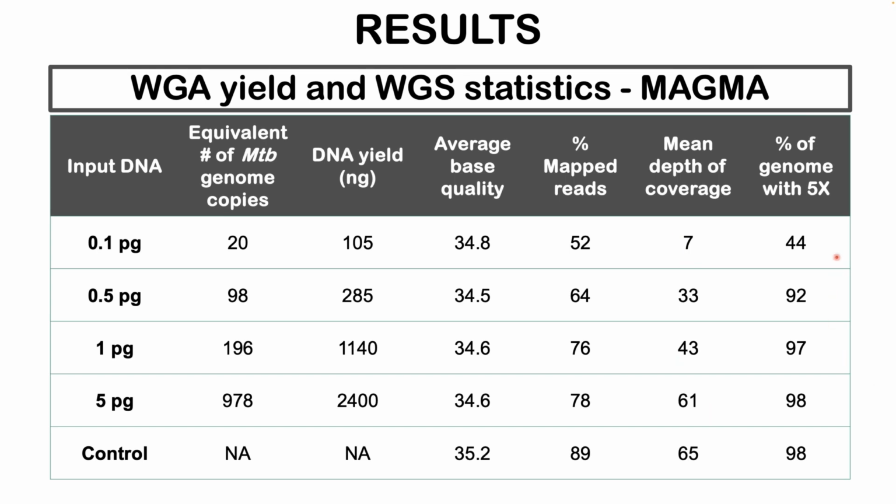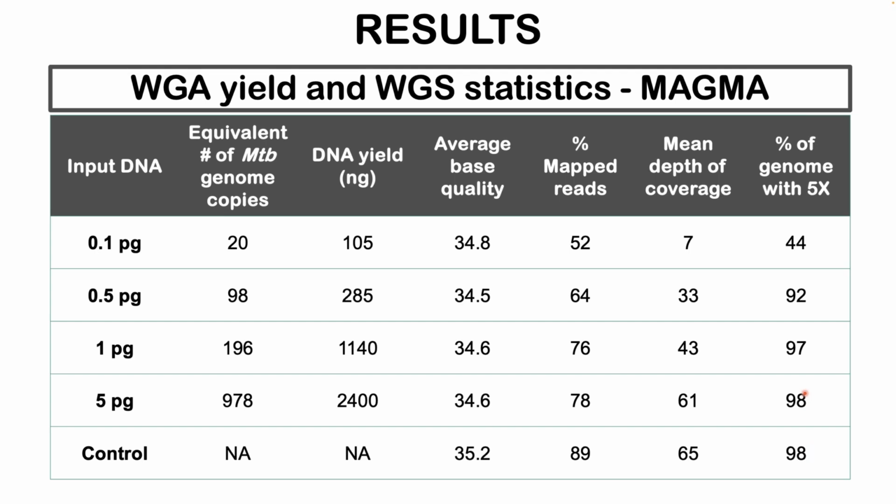Then in the last column, a crucial metric for assessing actionable sequencing results is the percentage of the genome covered at a minimum depth of 5x, which also demonstrated substantial improvement with increasing input DNA amounts from the lowest input of 0.1 picograms to the next input, 0.5 picograms, then almost reaching a plateau from then on.